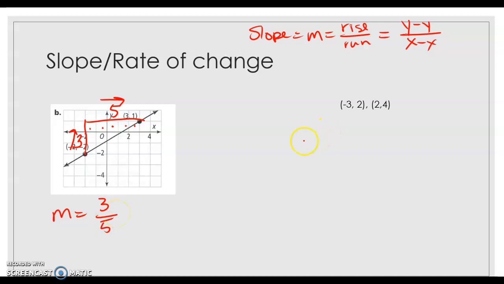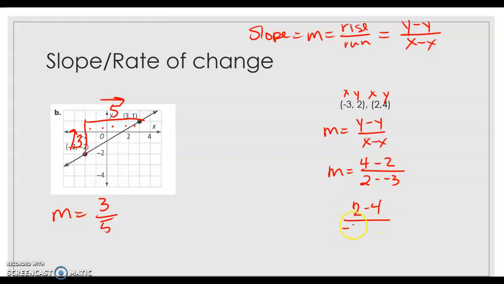Or if I'm given 2 points, then just remember m equals y minus y over x minus x. And so I'm going to take my y values, remember x, y, and I'm going to do that m will equal 4 minus 2 over 2 minus a -3. It is the same if I do 2 minus 4 over a -3 minus 2.